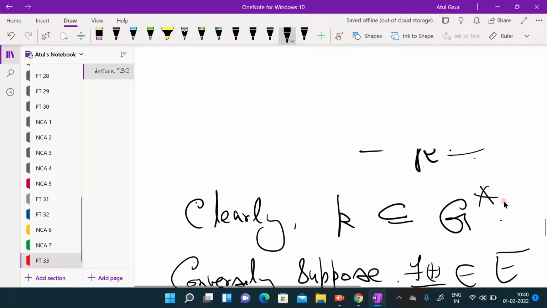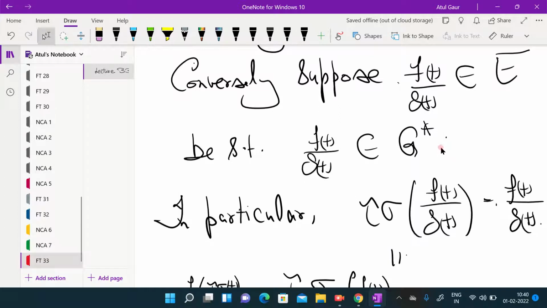And again there you can write the assumption that gcd is 1.